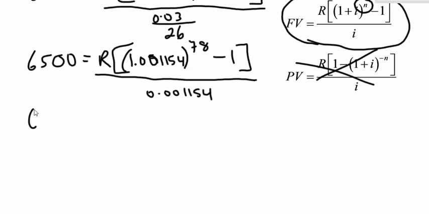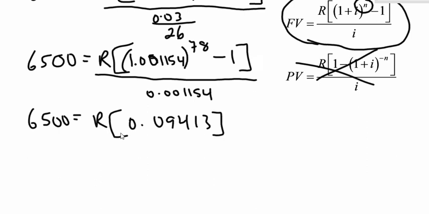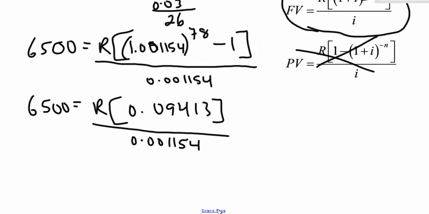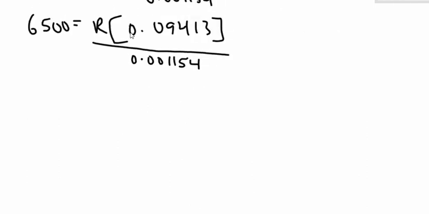So let's keep calculating here. It's R times 1.001154 exponent 78, and subtract 1 in my calculator. I get 0.09413, and that's going to be divided by 0.001154. So what I have is R times this number divided by this number.